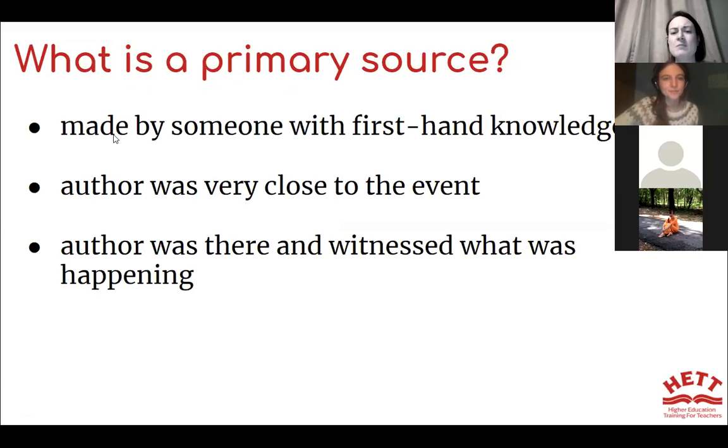It was made by someone with firsthand knowledge. So they were there, maybe they saw it, they observed it, they collected the data, something like that. It really depends on what the source is, but they have firsthand knowledge. They were very close to the event and they witnessed what happened. So that's a primary source.